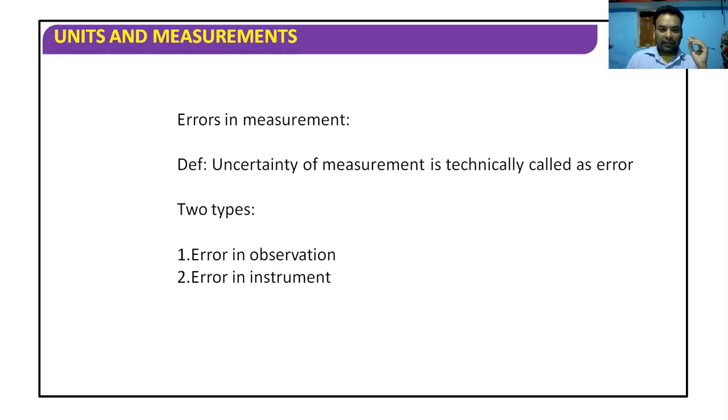But in my observation, it is not necessary that it is the real or true length. So definitely there is an error, which is called error in observation. The second is error in instrument. Suppose I have a meter scale, and with the help of that meter scale I try to find out the distance of the tree from my bedroom.